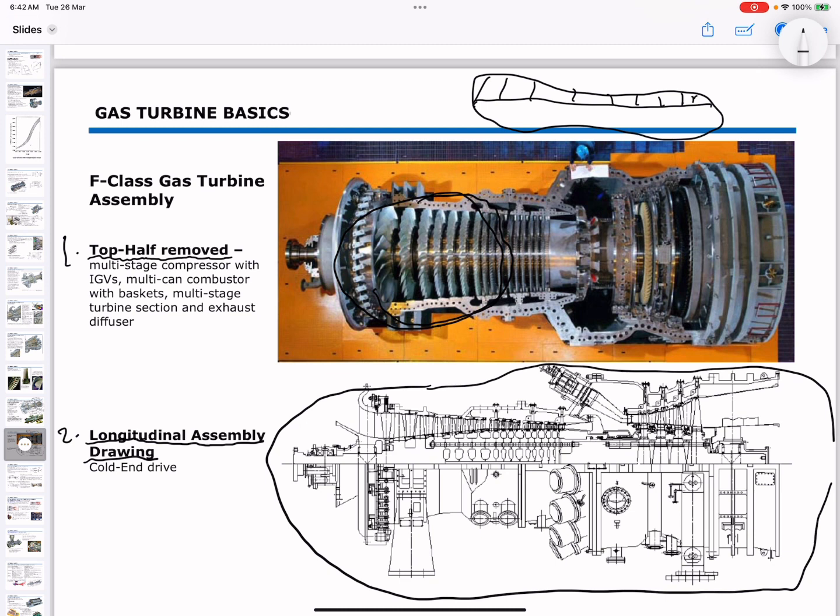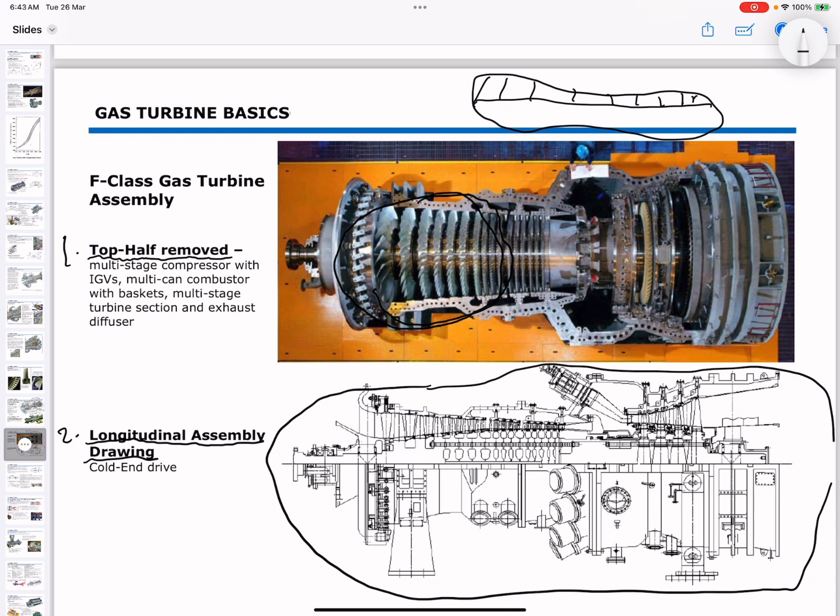We also see the multiple combustion chambers containing swirlers that enhance combustion efficiency, and the multi-stage turbine section consisting of rows of turbine blades arranged to convert the thermal energy of hot gases into mechanical energy.